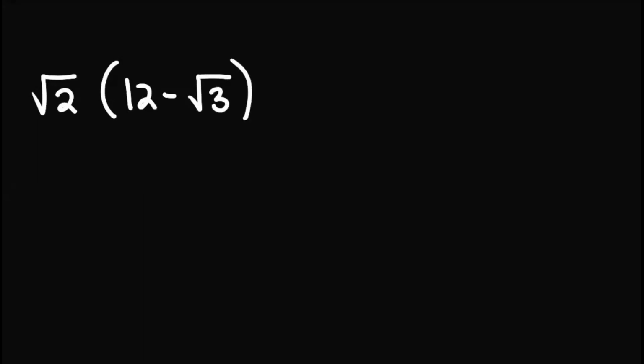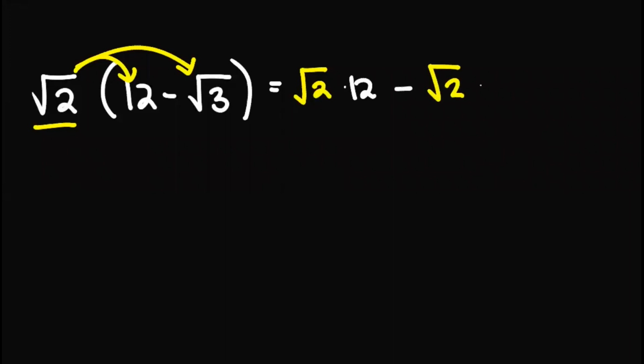Let's have this next one. Let's have square root of 2 times 12 minus square root of 3. For this one, note that we'll now try to apply the idea in binomials. So if we treat this expression as a polynomial, what we do is we distribute this one out here. So this one will become square root of 2 times 12 minus square root of 2 times square root of 3.